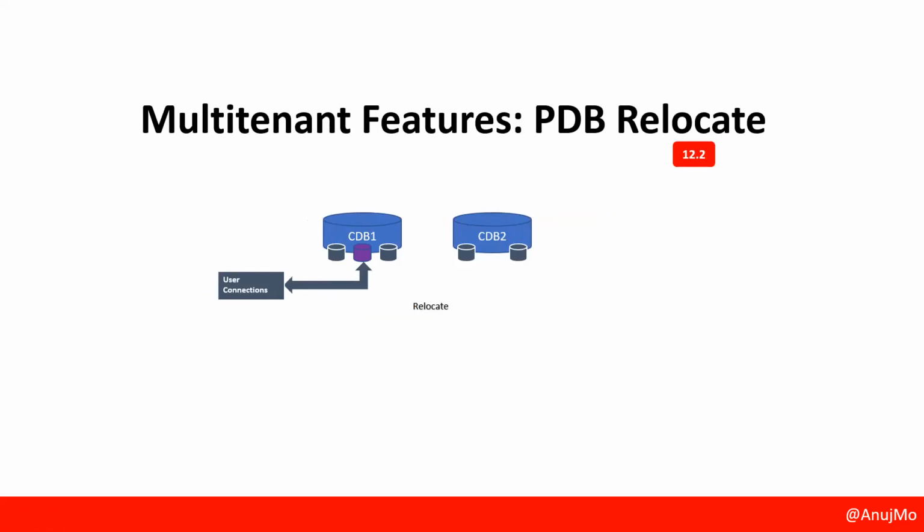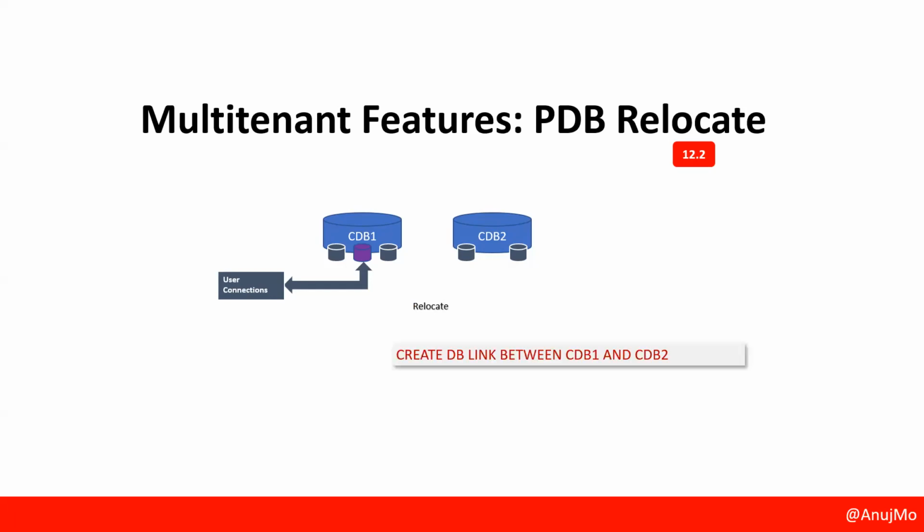So we talked about hot clone and we talked about refreshable clone. That means we can clone a pluggable database while the source pluggable database is available to the application, so there is no downtime required for hot cloning. And with a refreshable clone, I can refresh a clone pluggable database from its source. So they clubbed these two functionalities and created PDB relocate, wherein you can live relocate a pluggable database, available in 12.2.